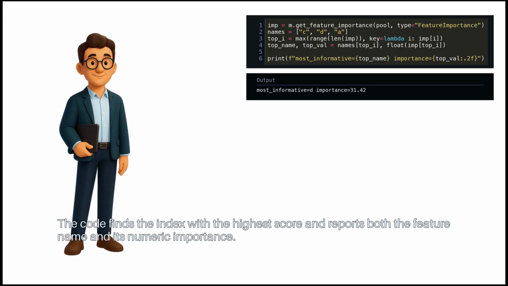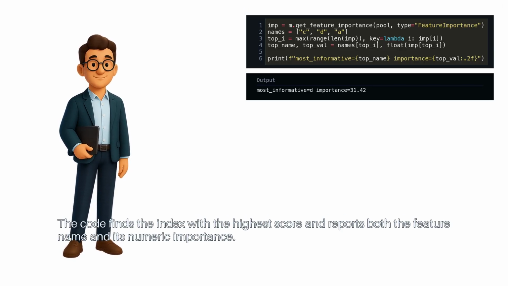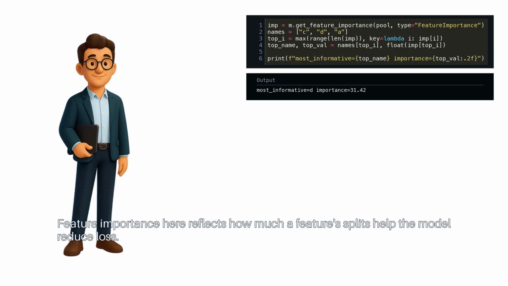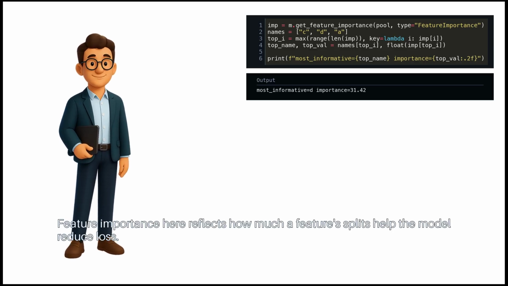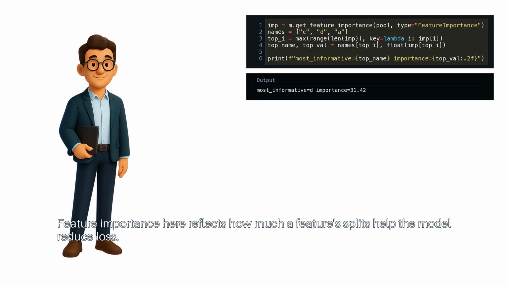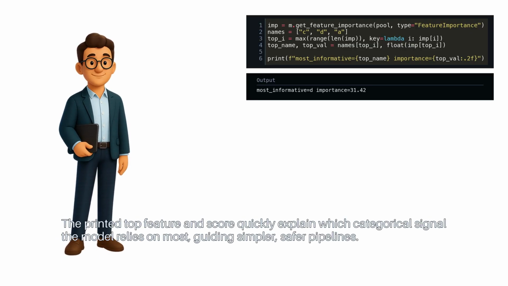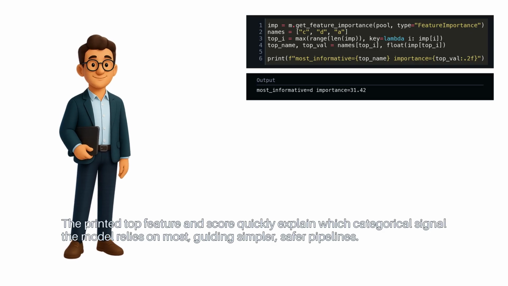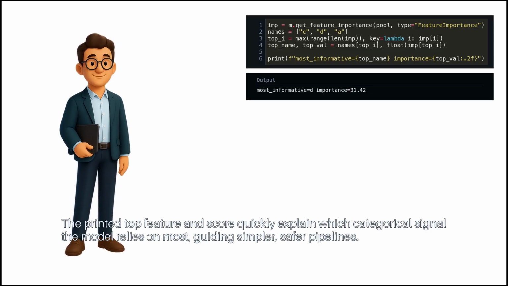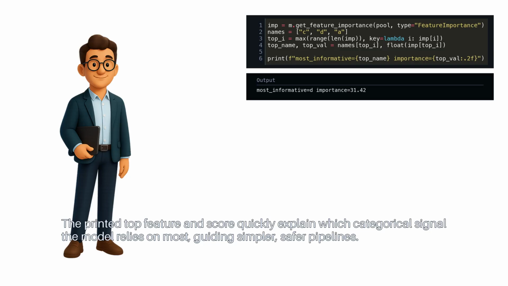The code finds the index with the highest score and reports both the feature name and its numeric importance. Feature importance here reflects how much a feature's splits help the model reduce loss. The printed top feature and score quickly explain which categorical signal the model relies on most, guiding simpler, safer pipelines.